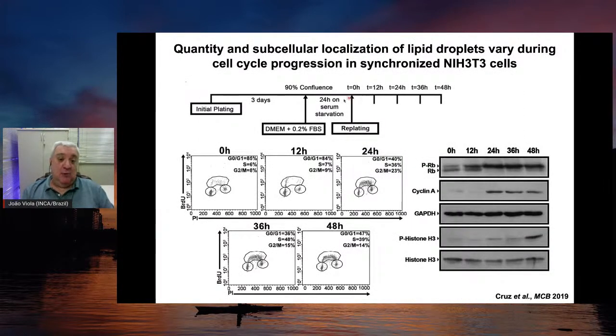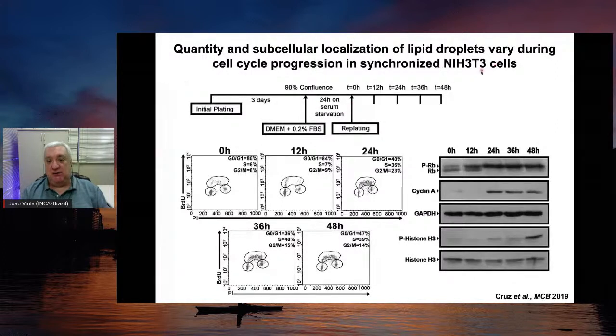For this, we made an in vitro model to induce the cell cycle in NIH-3T3 cells, which is a non-transformed cell line.